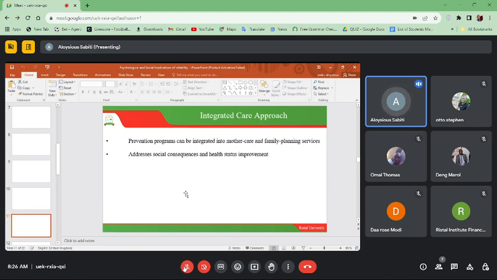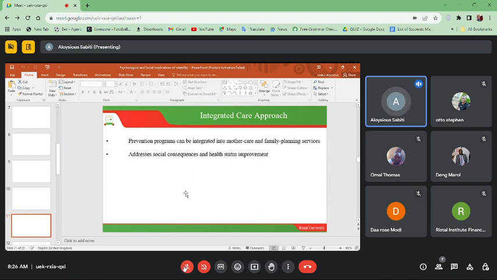You should inform those people on how they can prevent infertility, and also address the importance of prevention, because it addresses the social consequences, such as stigma, and the health status is generally improved.